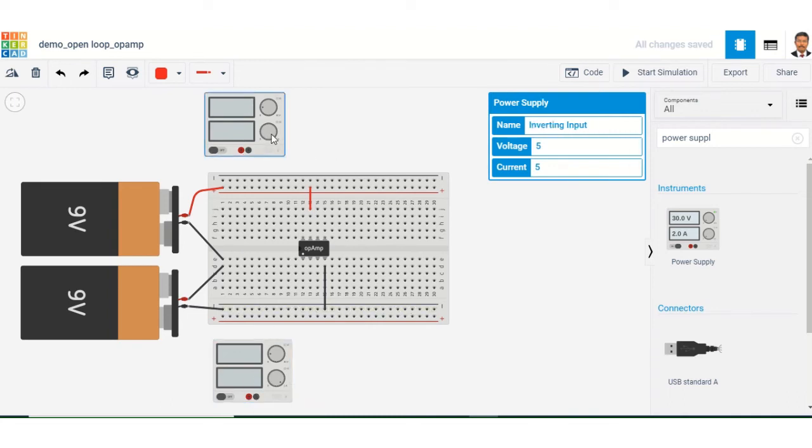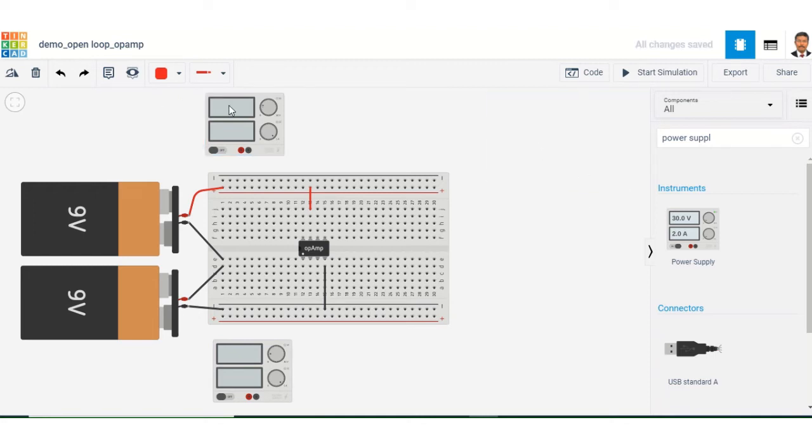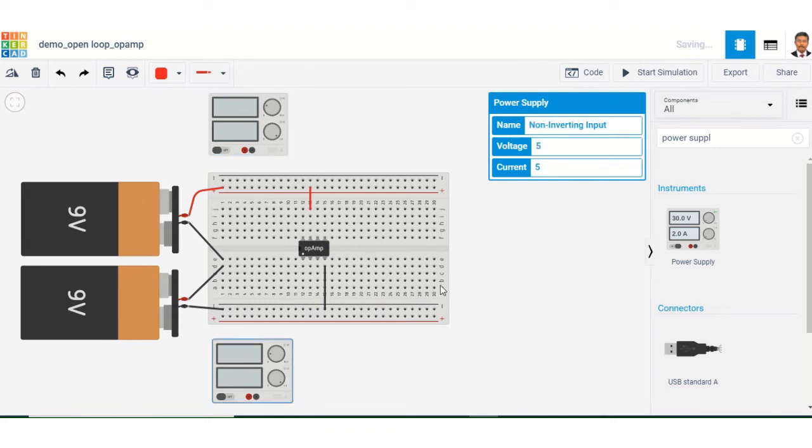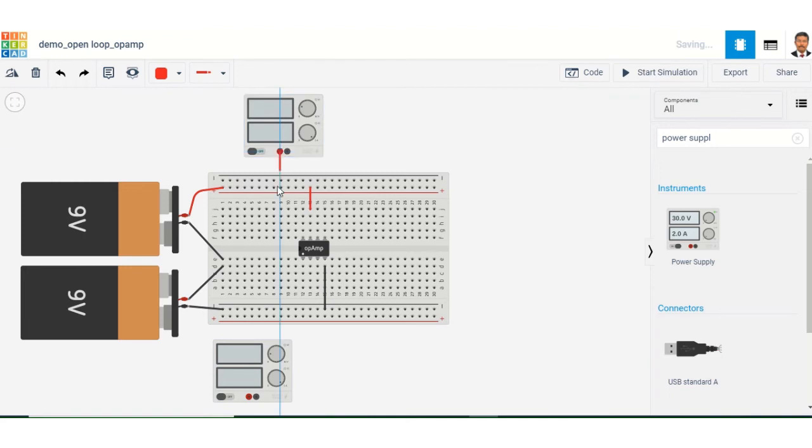All right, so I am going to set 7 volt for the inverting input, and I am going to set 5 volt for the non-inverting input. So I am going to give the connection. There are 2 terminals, so this terminal should be connected to the inverting input.